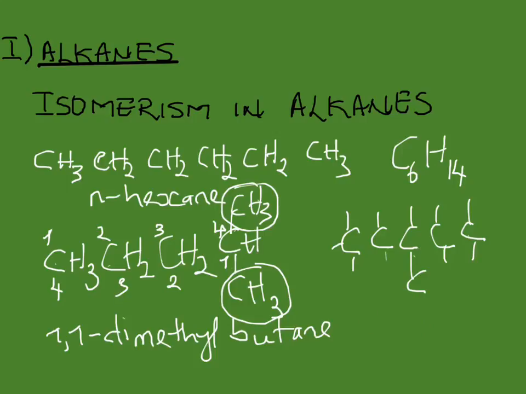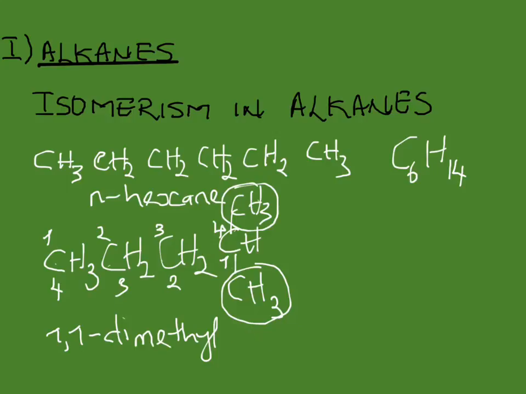Like we said earlier, isomerism is the existence of 2 or more molecules having the same molecular formula but different structural formulas. We saw the example using hexane, we saw the various isomers of hexane, the chain isomer and the branched isomer, all of which fall under structural isomerism, indicating that all alkanes undergo structural isomerism.